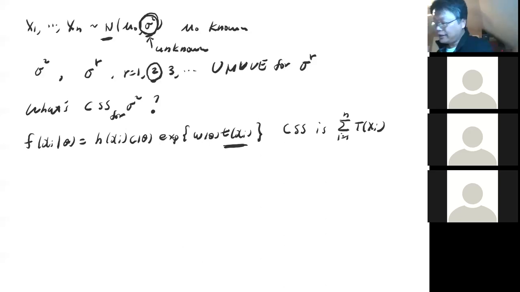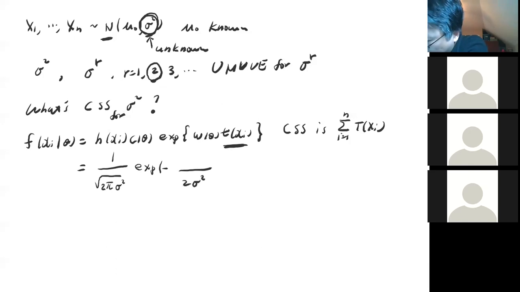So then, just working on it. For the normal with mean mu0 and variance sigma square, I can write the joint PDF as 1 over the square root of 2 pi sigma square, exponential of minus 1 over 2 sigma square, then xi minus mu0, then taking square.